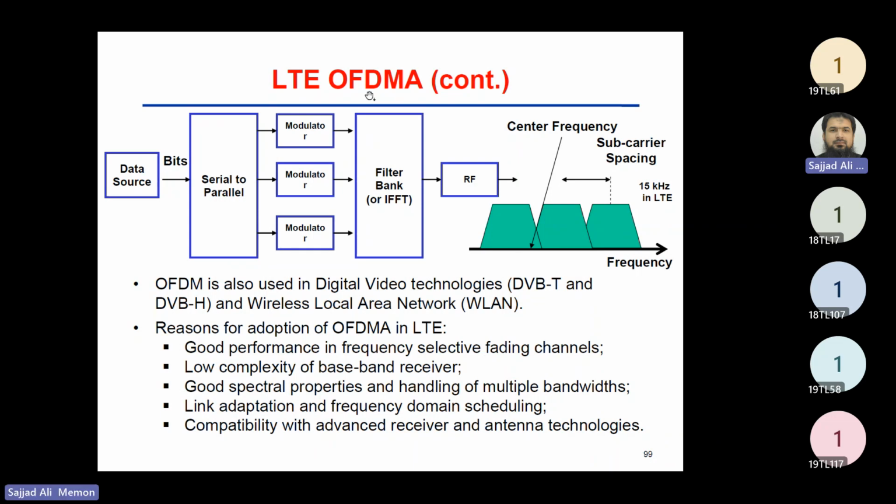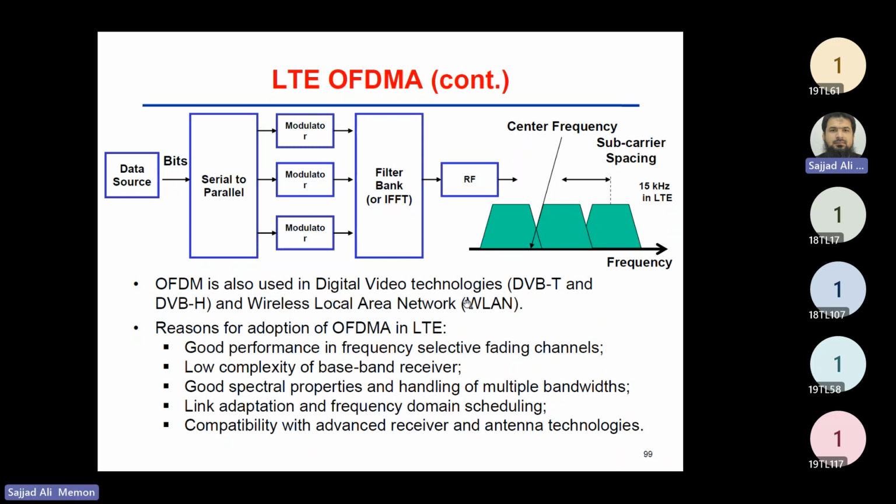For OFDMA, it is necessary that your source data bits be converted from serial to parallel. Then we have the modulation of these parallel bits, then the IFFT, and then we modulate them to the RF frequency. It is also used in digital video technologies and wireless local area networks.